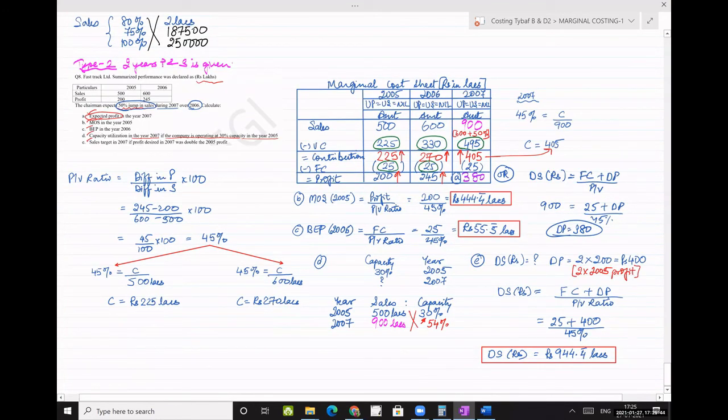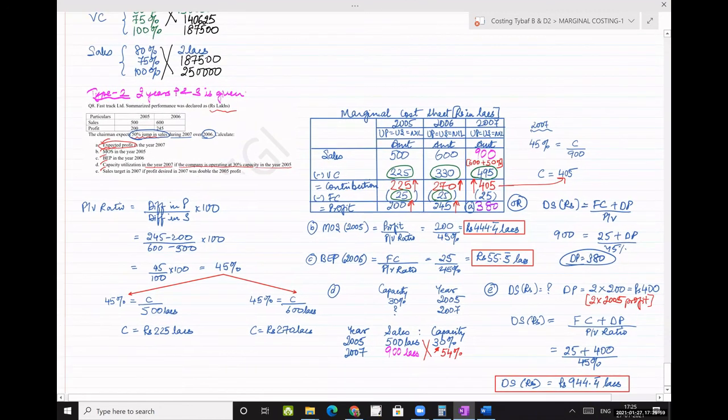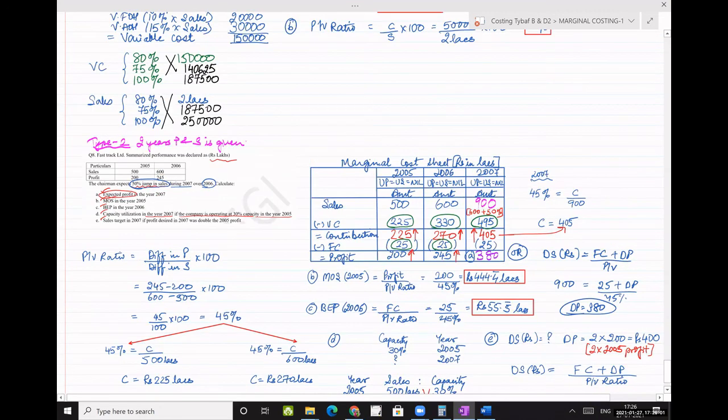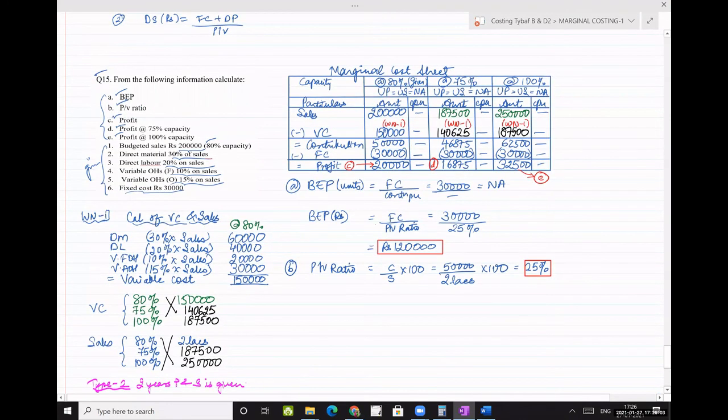Okay, so this completes with the marginal cost, the first variety, I mean type 1, marginal cost 1. And your next topic is also marginal cost only, but an extension to the topic with managerial decision making. Okay, that's the difference between this and the other chapter.